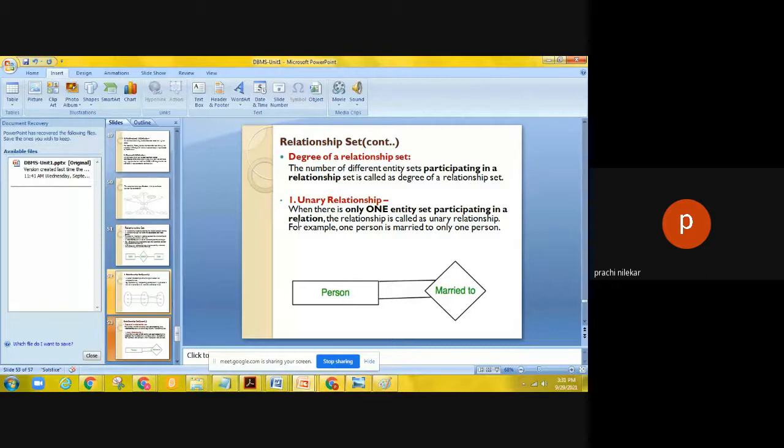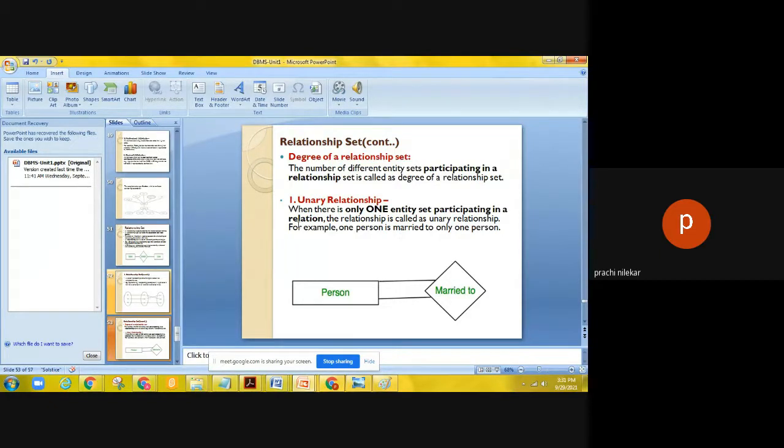So according to their participation, there are three categories of relationship. First one is the unary relationship, second one is the binary, and third one is the n-ary relationship. Okay, according to the participation.